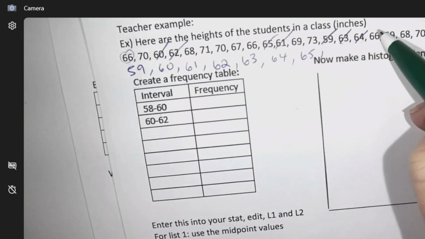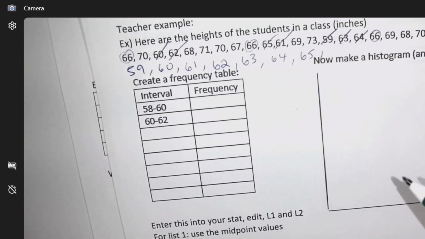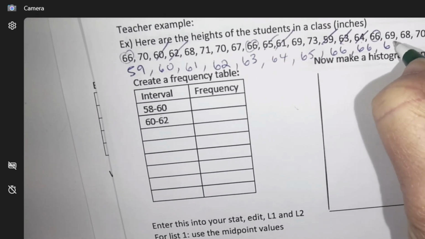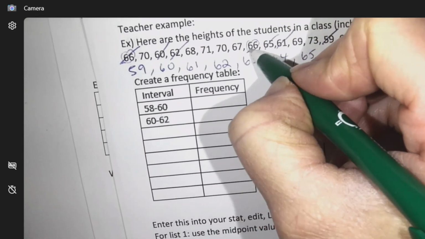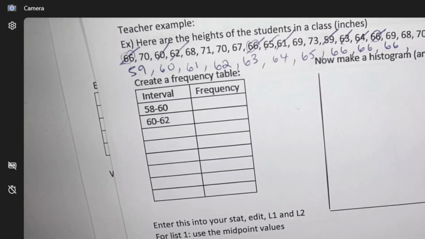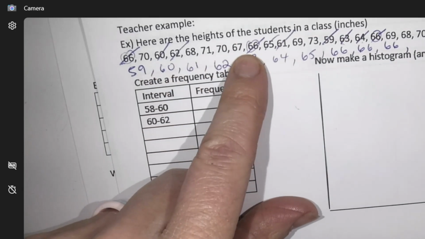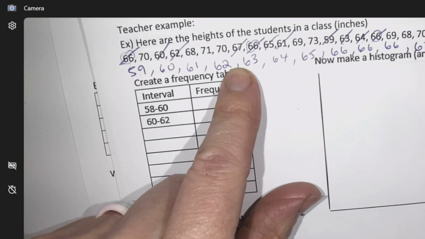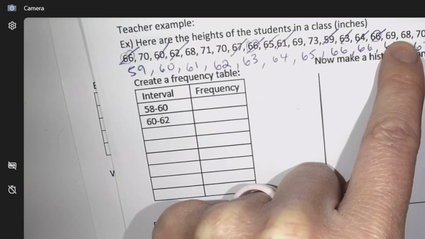66. Wait, I got a few of them. 1, 2, 3. Do you see 3? Okay. 1, 2, 3. 67. There's one of them. 68.